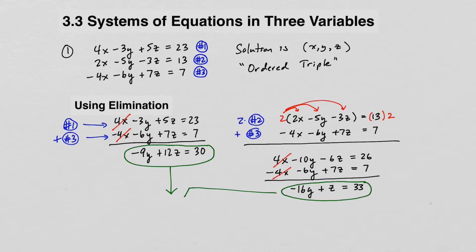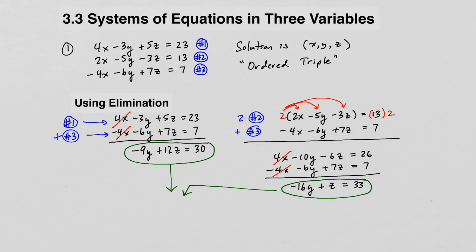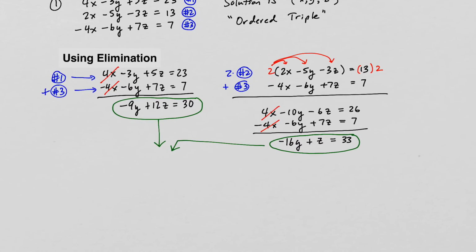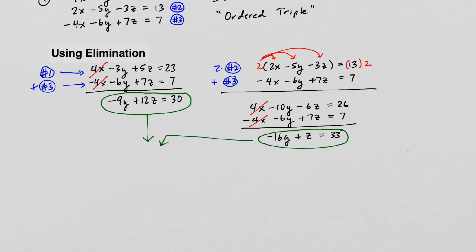And those two equations make a new, smaller system. So if I bring those two equations down here, we get negative 9y plus 12z equals 30, and negative 16y plus z is equal to 33.